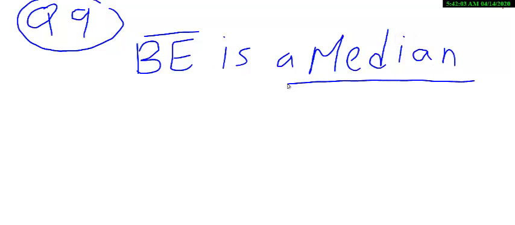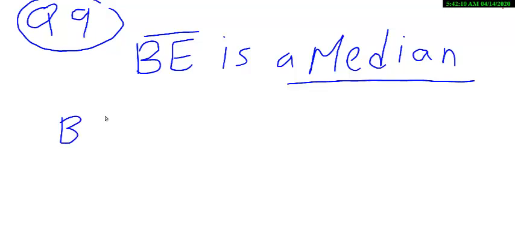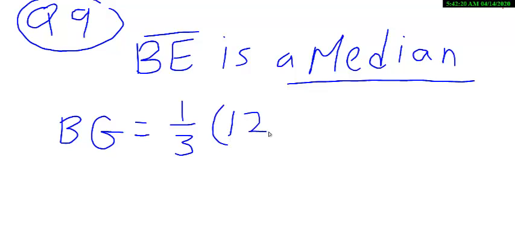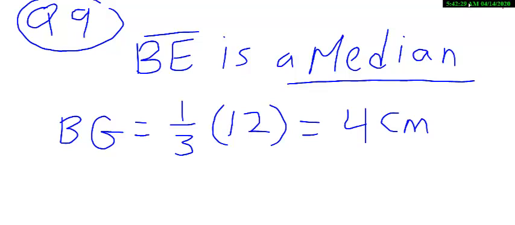Then, to get the value of BG, I'm gonna say the BG segment is equal to 1/3, according to the definition of the centroid. BG is 1/3 of the median, which is 12. The result will be 4 units.